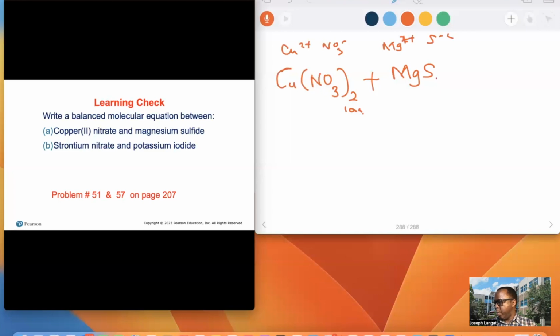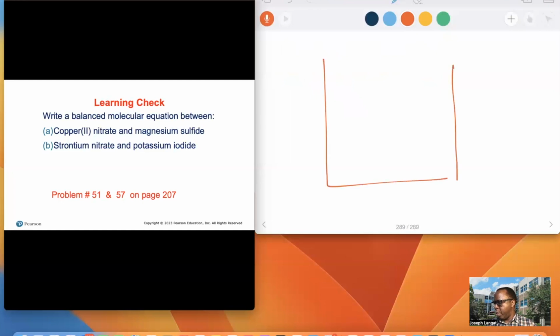And if it is a double replacement reaction, that means we have Mg 2 positive and copper 2 positive and nitrate like that, nitrate.